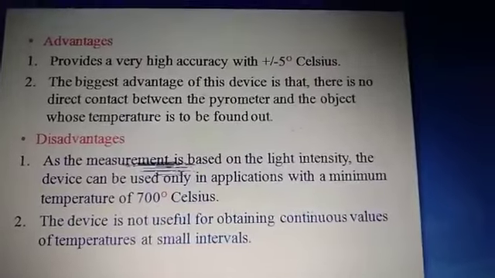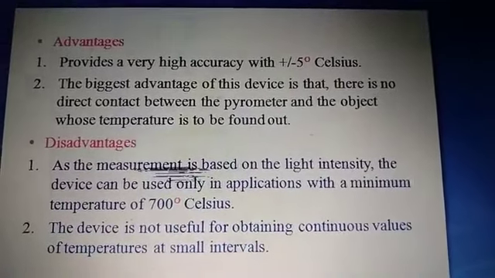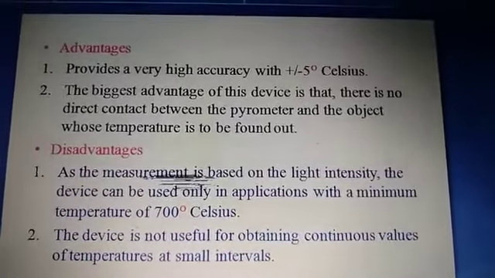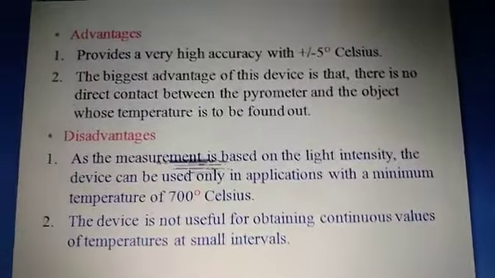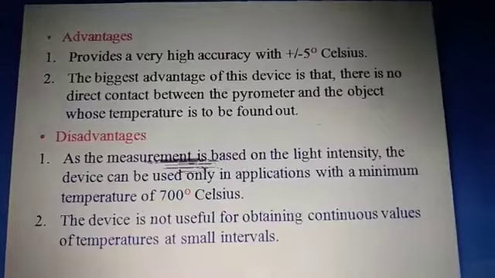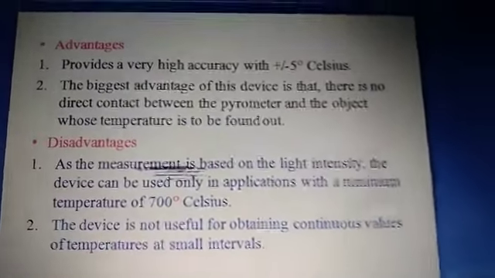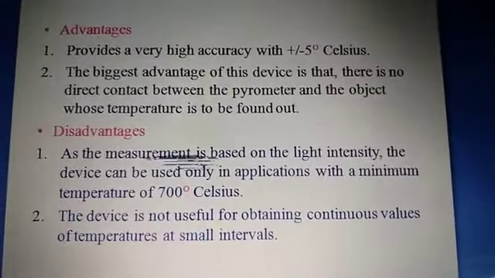The advantages: there is no physical contact between the instrument and the temperature source being measured. That is one advantage. The accuracy is very high, plus or minus 5 degrees centigrade.